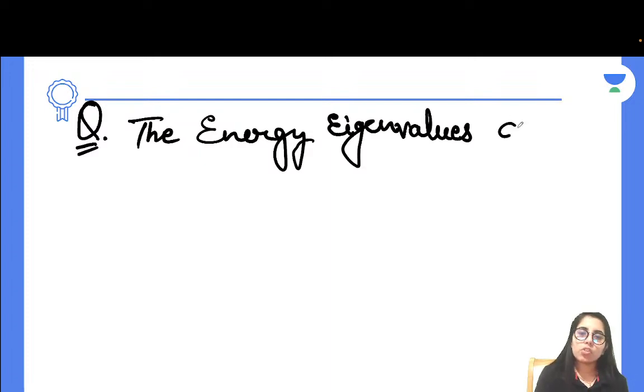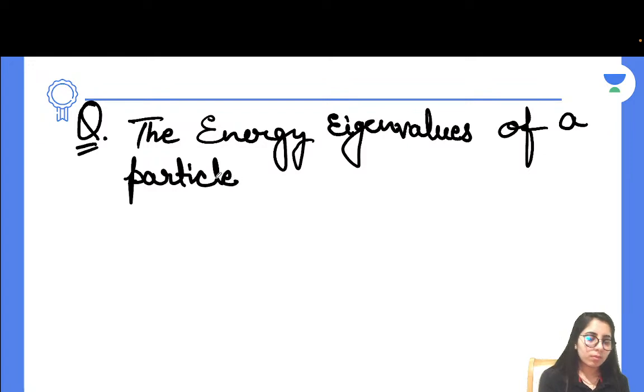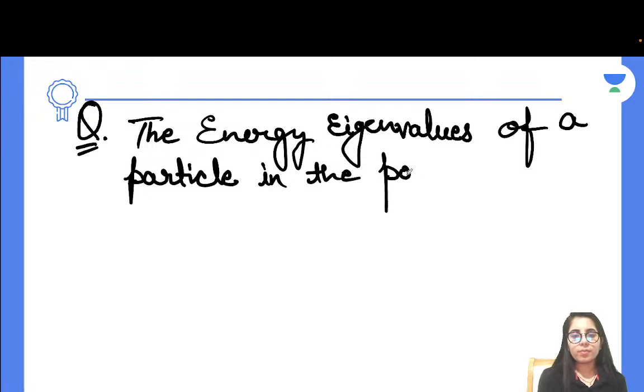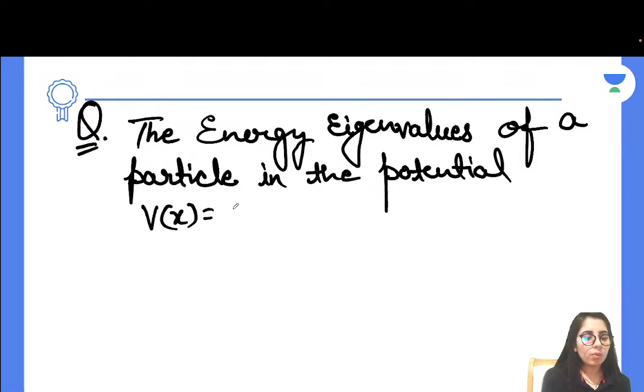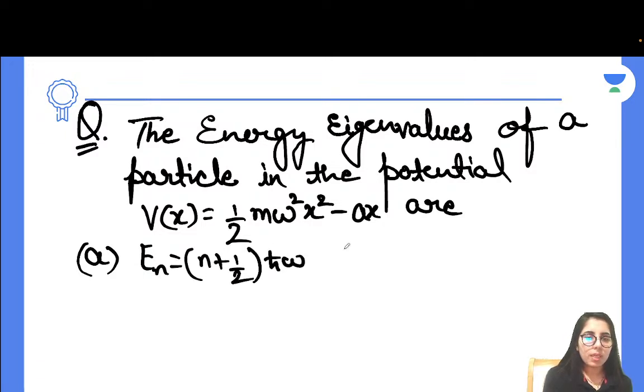The energy eigenvalues of a particle in the potential Vx is equal to half m omega square x square minus ax. Options are: option A, En is equal to n plus half h cut omega minus a square over 2m omega square.